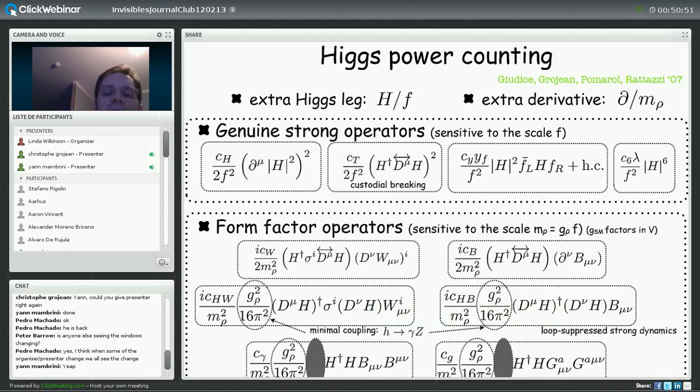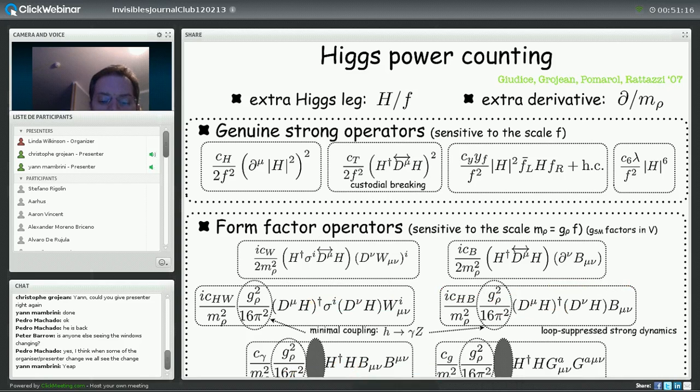If the photon satisfies minimal coupling, then the photon at tree level can only couple to objects that carry an electric charge. So this means that in any theory that satisfies minimal coupling, those operators can only occur at the loop level. That's why there is a loop factor that suppresses the coefficient in front of these operators.